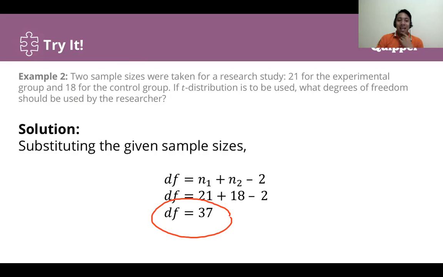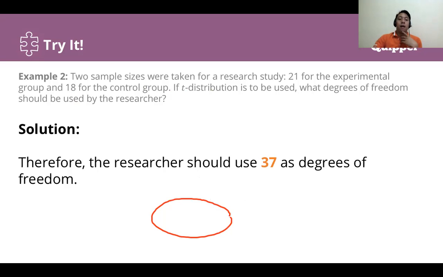Okay, easy. So that is as simple as that. So if you want to find out the degrees of freedom, make sure the problem is part of t distribution. So you need to know how to identify if the problem can be solved by t distribution or not. Okay? Bago mo hanapin yung mga bagay-bagay.